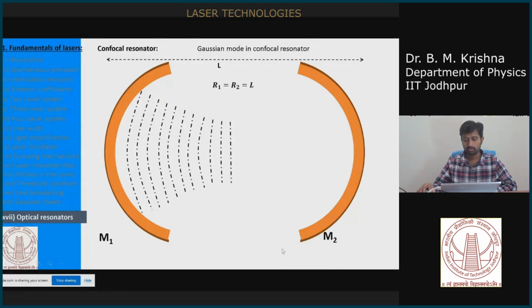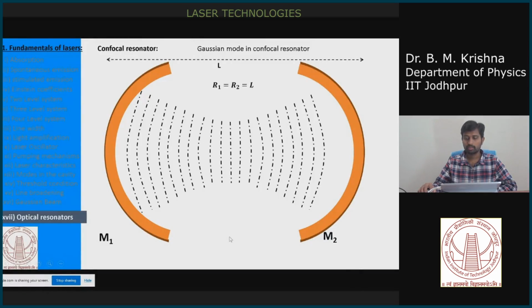Now this tries to give you plane wavefronts at the center, because as I mentioned, the shared focus will be at the center of this resonator. Again after the center, it will have a curvature.